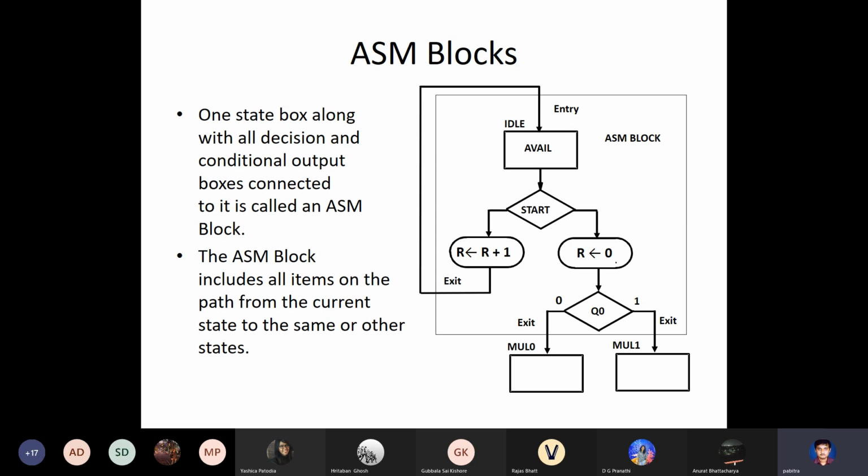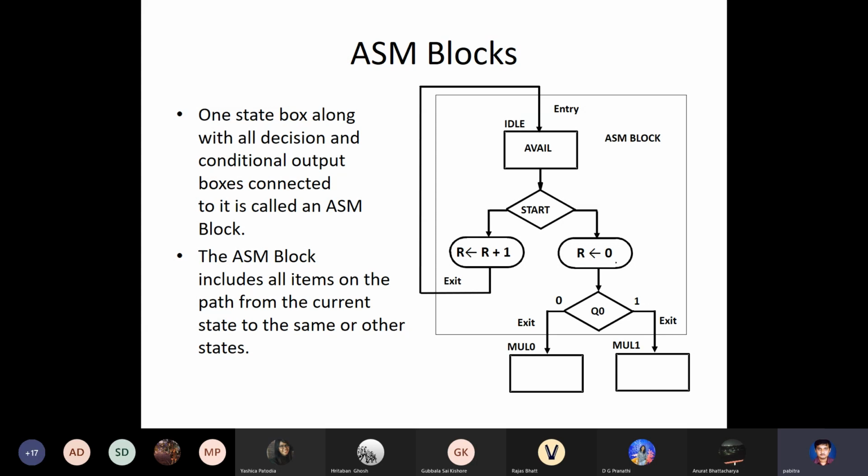The additional information, since this represents hardware, a circuit, that is present in an ASM block is the timing. So it also implicitly specifies what is followed by what. So this happens, then this happens. What this basically means is that if you are in a state, you go out of the ASM block only at a clock cycle, only once in a clock cycle.